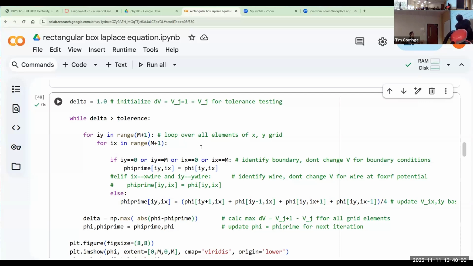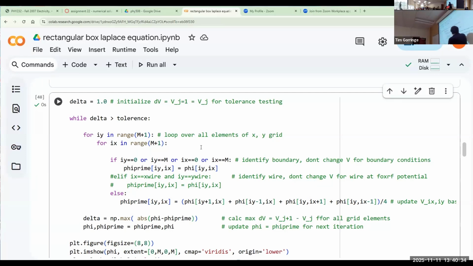Inside that nested for loop, there's really only one thing I'm going to do. If I happen to be on a boundary, I'm not going to do anything. I'm not going to change the potential. If I'm inside the interior, not on the boundary, then I'm going to update the potential based on the average of the 4 nearest neighbors. That's what this logic does here in the comment line.